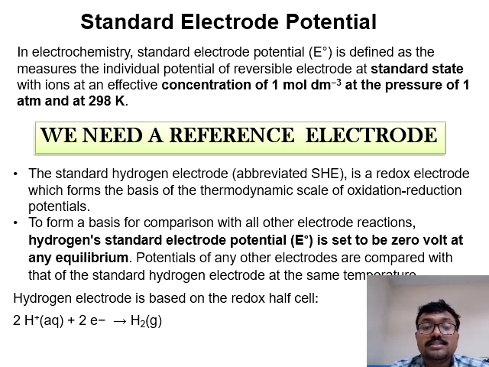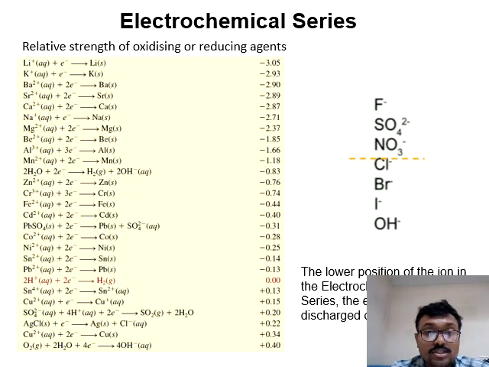If the potential is higher than hydrogen, we say positive potential. If the potential is lower than hydrogen, we say negative potential. So if we measure the reduction potential of different reactions and calculate the potential with respect to the standard hydrogen electrode, we can get one series.